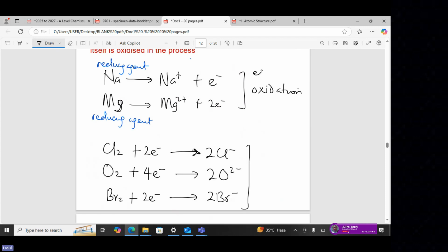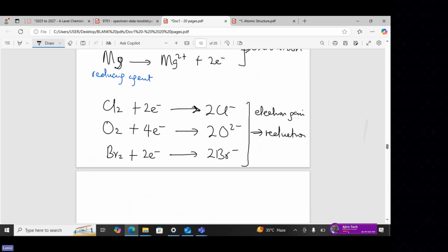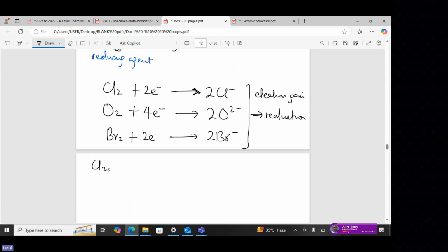The other was electron loss, so it is oxidation. This is electron gain, and that is reduction. So now who are these guys? Cl2, Br2, and O2 are what? Oxidizing agents.